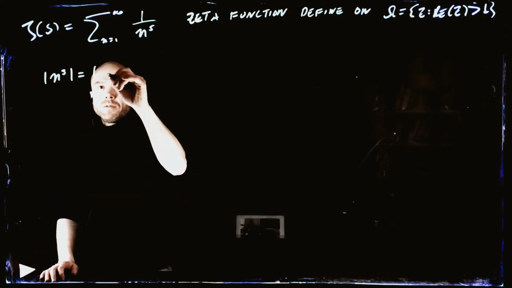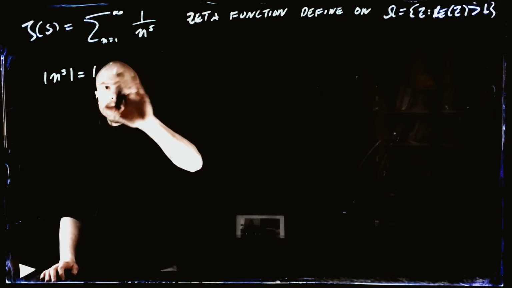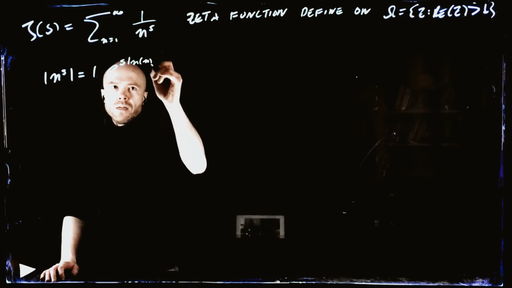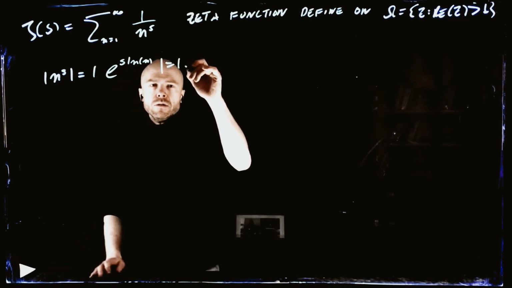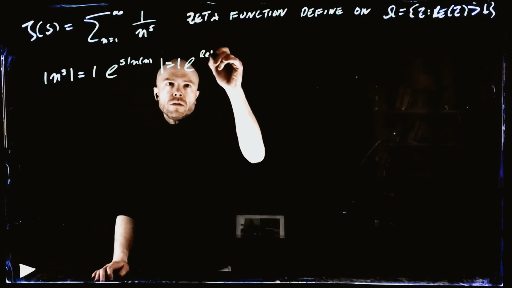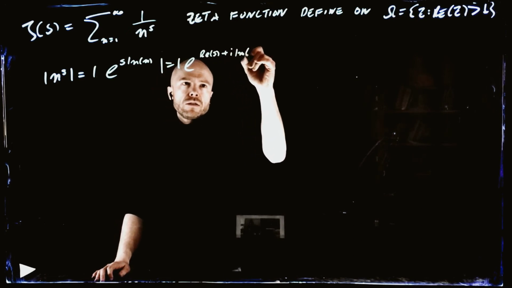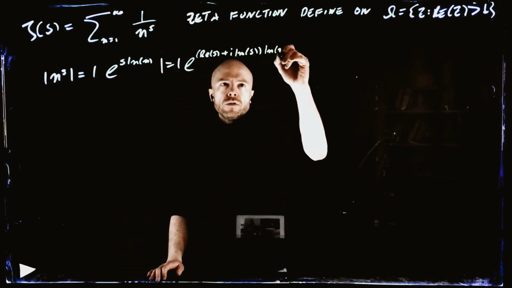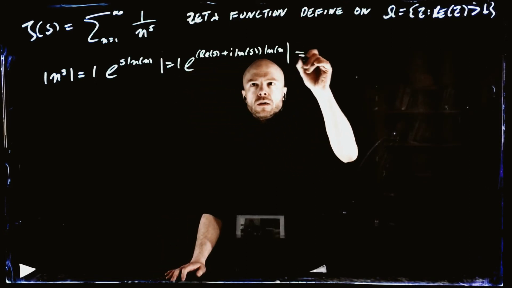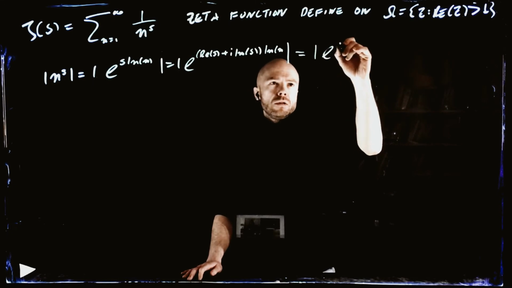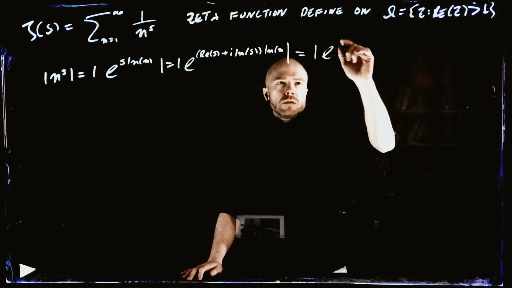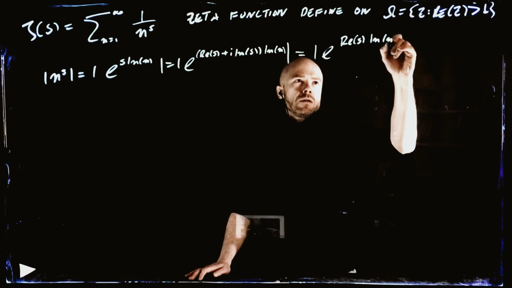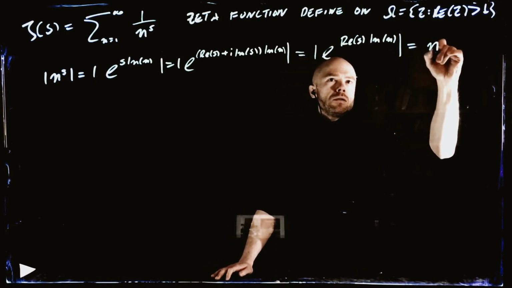This is the absolute value of e to the s log n, which is the absolute value of e to the real part of s plus i times the imaginary part of s, times this thing, log n. Then we break this up, and this is just e to the real part of s times log n, which is just n to the real part of s.